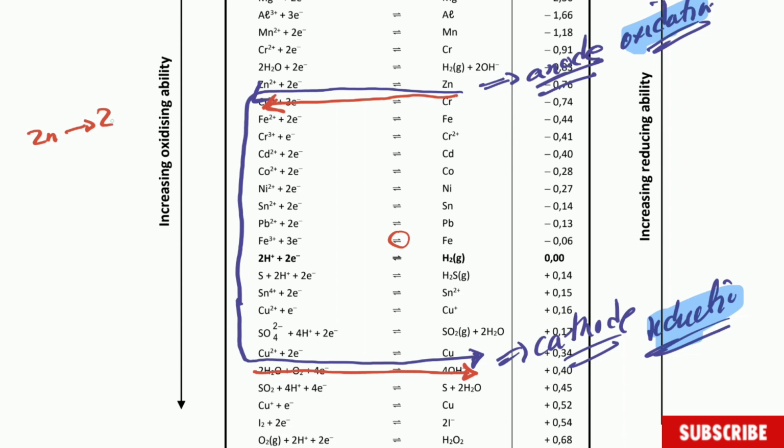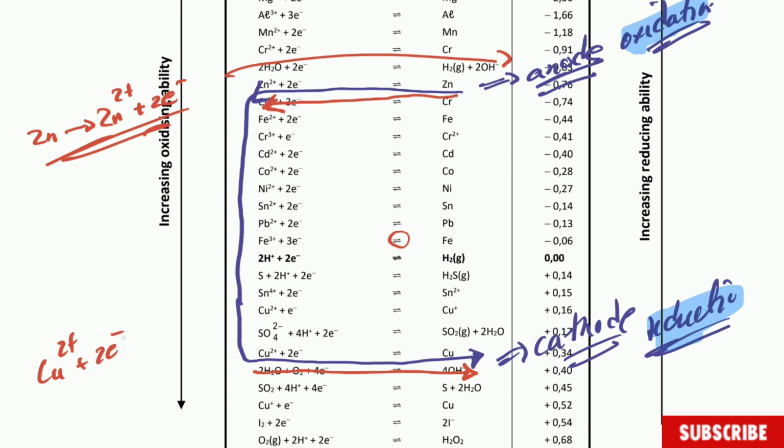That is the half reaction for the anode, and the half reaction for the cathode, you start from left to right, so it is going to be Cu2+ plus 2 electrons, and that is going to give you Cu. Guys, this is how to use this table. We will come back to the table to speak about details in terms of the potential difference and so on, but not now.